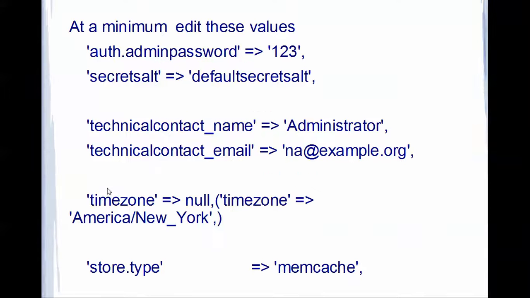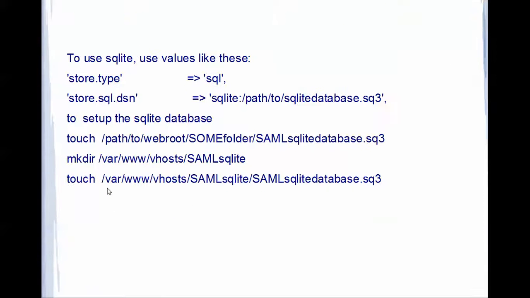Oh, let me point out one big thing. For the Simple SAML PHP auth module, your Drupal module, to work properly, you have to change the storage type from memcache to something other than memcache. I'm going to give you an example here. SQLite is the simplest way to do this.